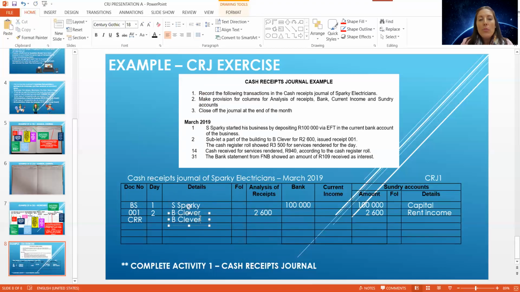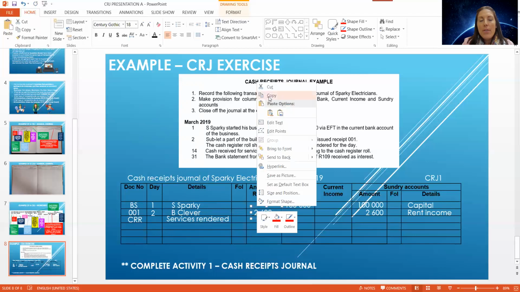Then, why did we receive this money? Because we rendered a service to a client. So we can just write services rendered in our details column. Once again, we leave open the folio column. Then what was the amount? It was 3,500 Rand.